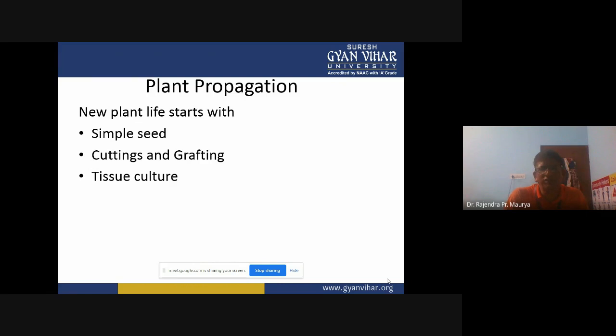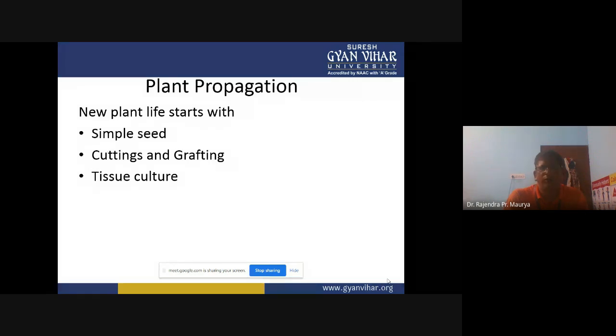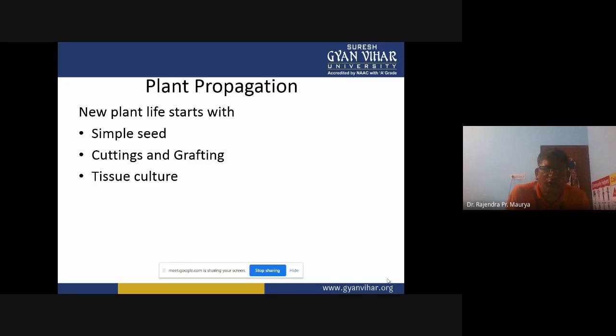So what is tissue culture or plant tissue culture? That is also known as micropropagation. It is done under sterile conditions, in glass vessels like test tubes, bottles, beakers, conical flasks, etc. under aseptic conditions, using cells and tissues.